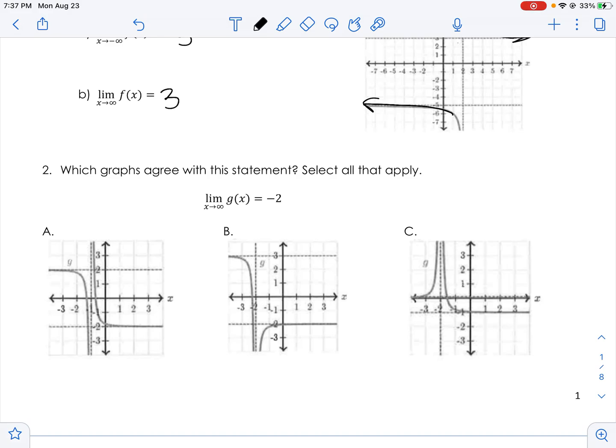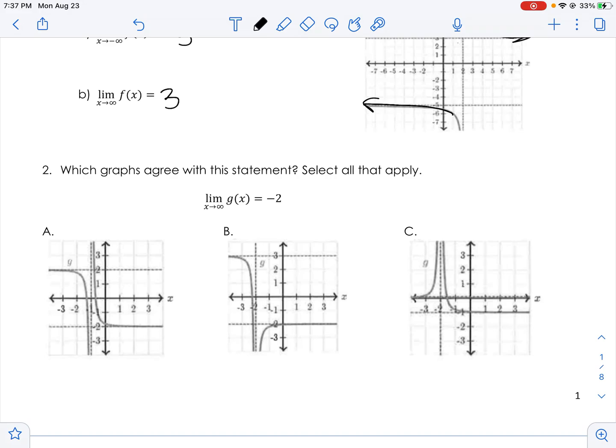Number 2, which graphs agree with this statement? Select all that apply. The limit as x approaches infinity of g of x is equal to -2. So as we approach positive infinity, the limit is going to approach -2.